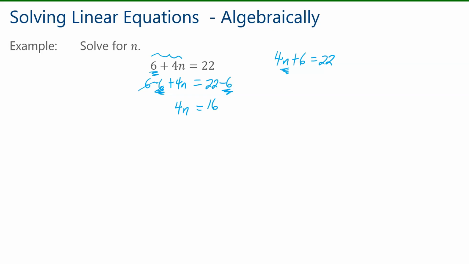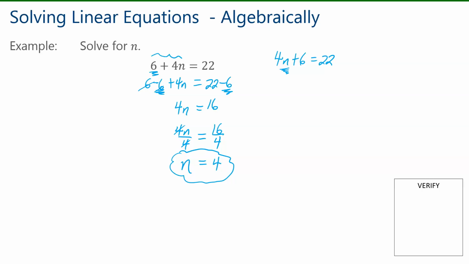The opposite of multiplication is division. 4n divided by 4, and what I do to one side, I do to the other. So I've divided both sides by 4. 4 divided by 4 is just 1, leaving me with 1n, and 16 divided by 4 is 4. n equals 4.